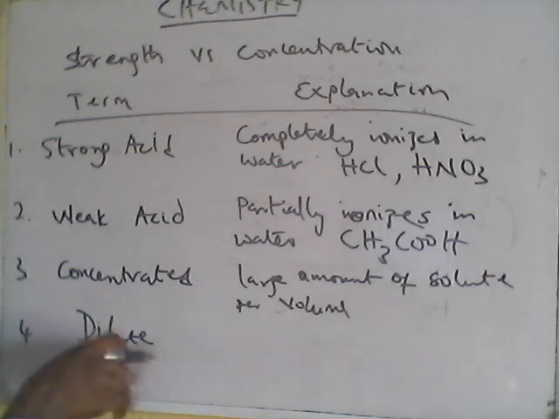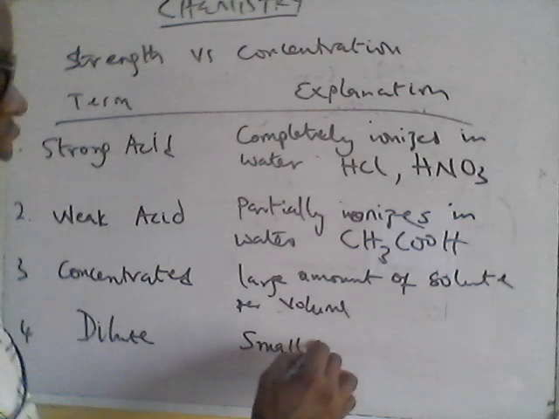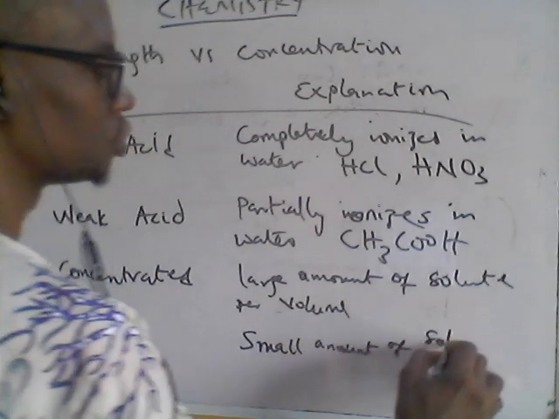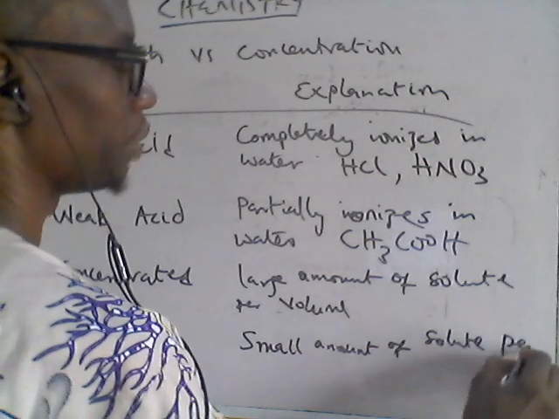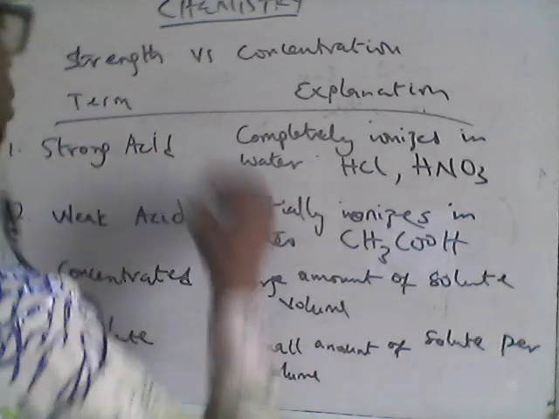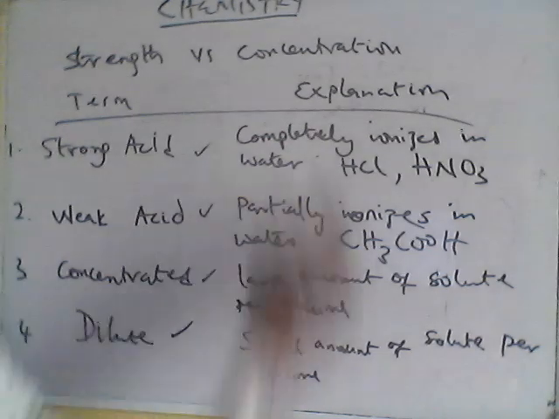And this one is the flip side: small amount of solutes per volume. So we're hearing terms like this: strong acid, weak acid, concentrated acid, dilute acid. This is what they mean.